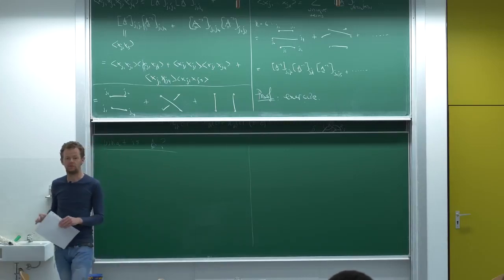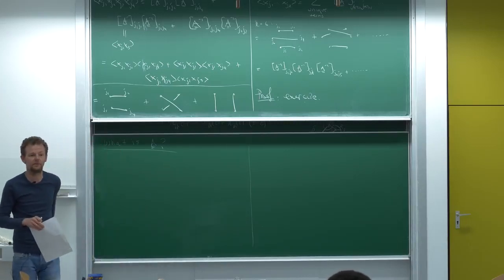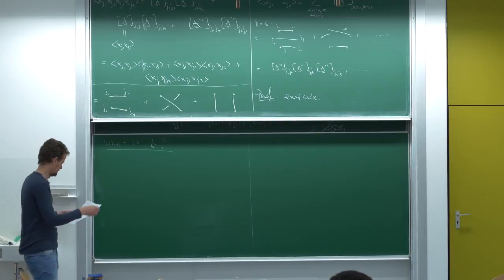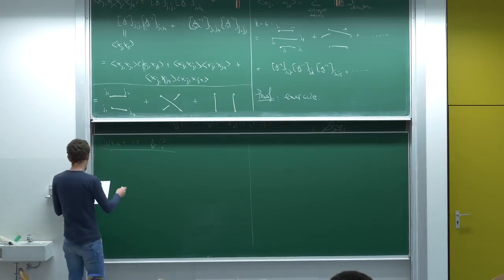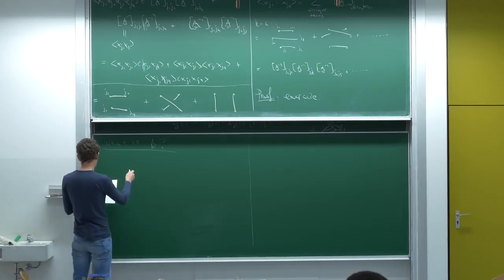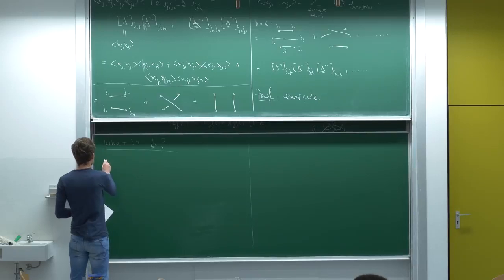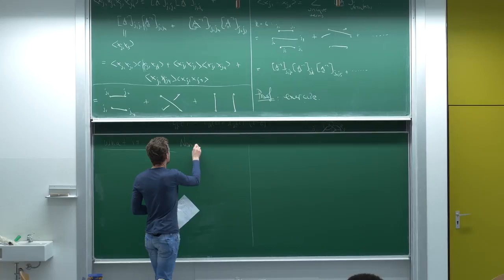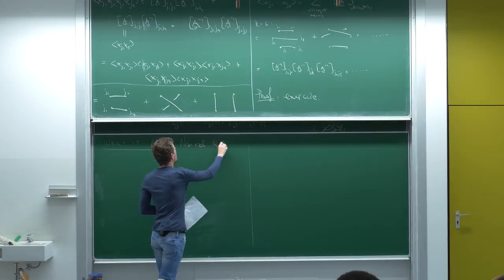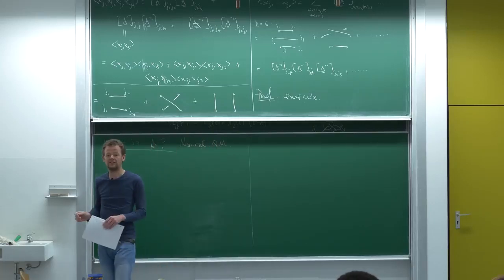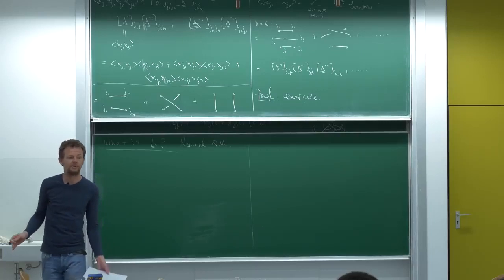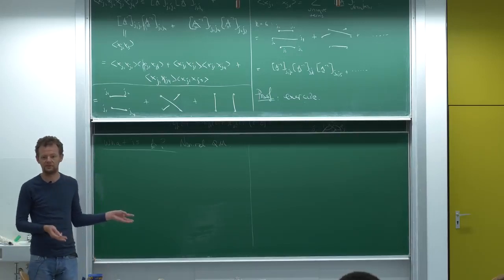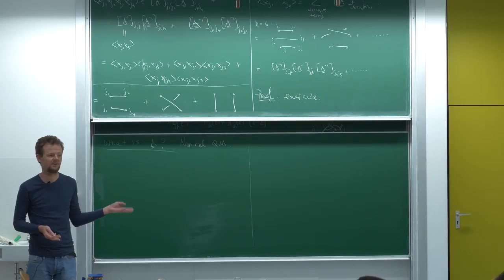All right, let's answer the question. What is A in the context of a path integral? Well, remember, we have this expression for the propagator. So we'll do it for non-relativistic quantum mechanics. Because as we saw, a relativistic quantum field is nothing but a set of non-relativistic quantum systems with particular properties.